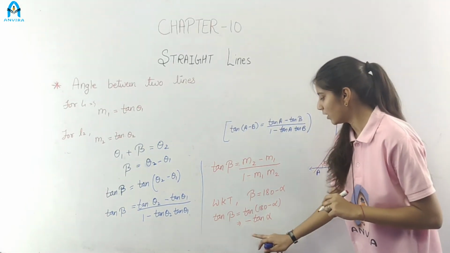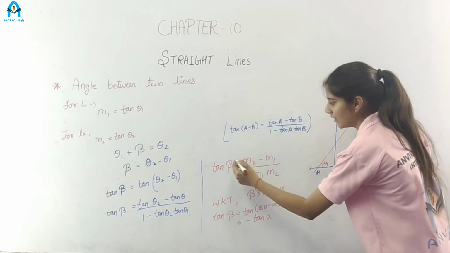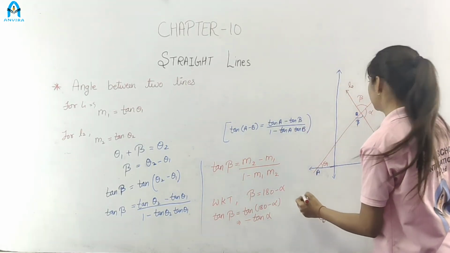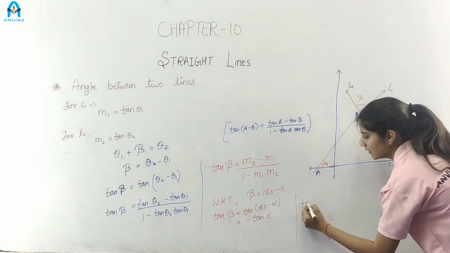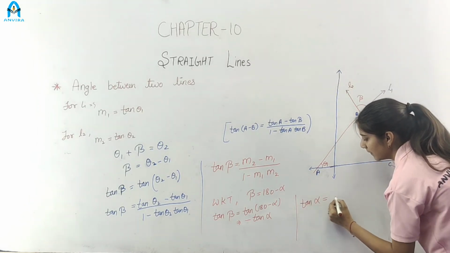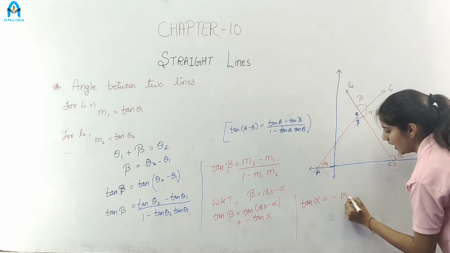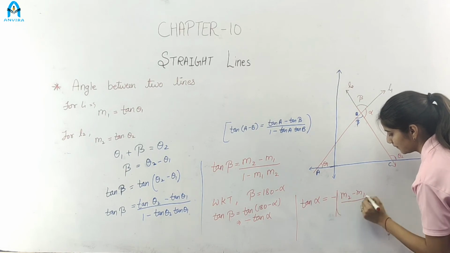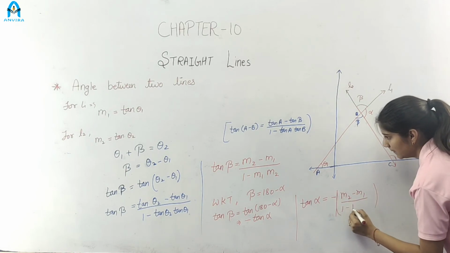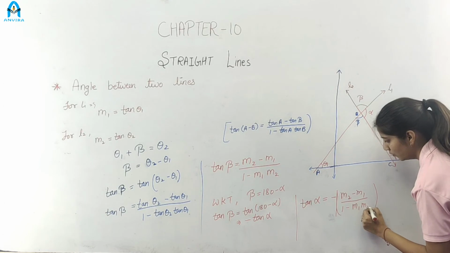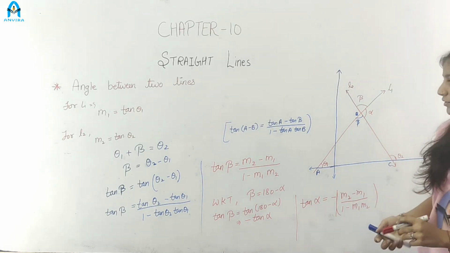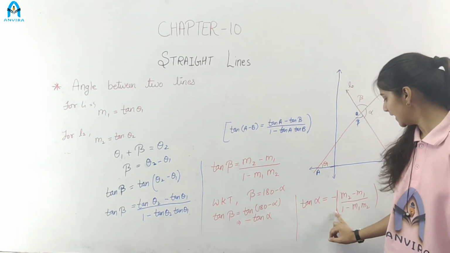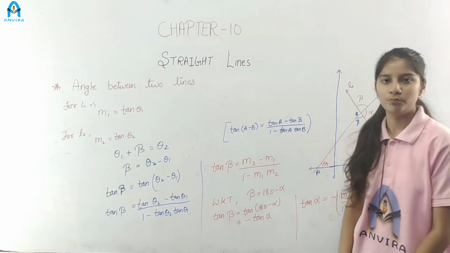So tan beta is minus of tan alpha, and what is the value of tan beta? So I can write it as tan alpha is given by minus of m2 minus m1 upon 1 minus m1 m2. So if I know the value of tan beta, then I can find the value of tan alpha in the form of slopes.